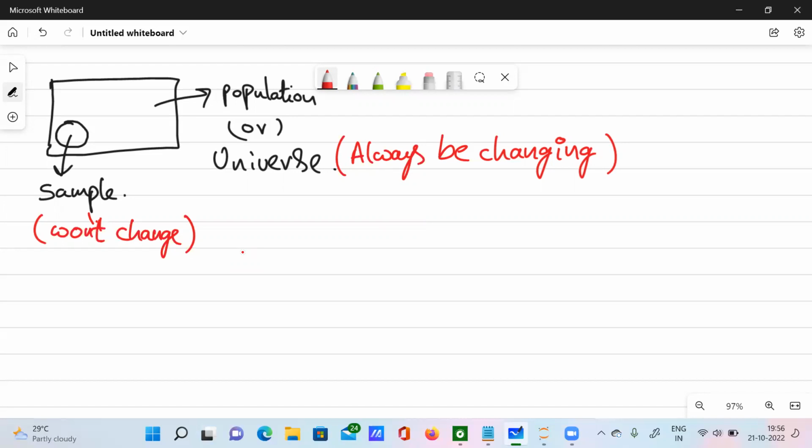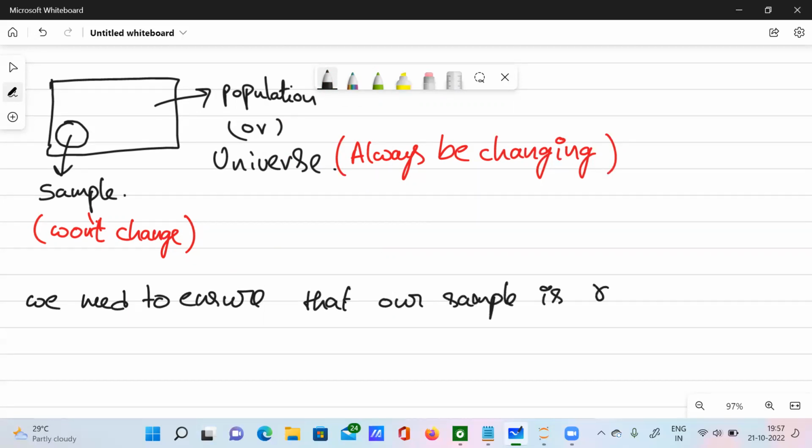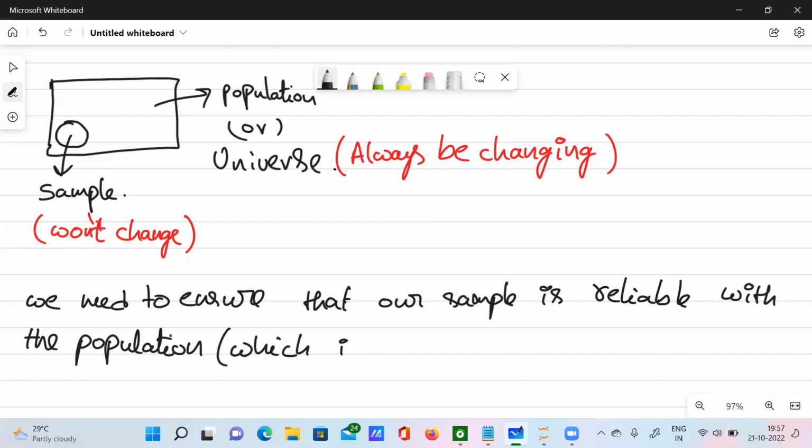That's the basic difference. So for this particular reason, we need to ensure that our sample is reliable with the population, which is today's trend.